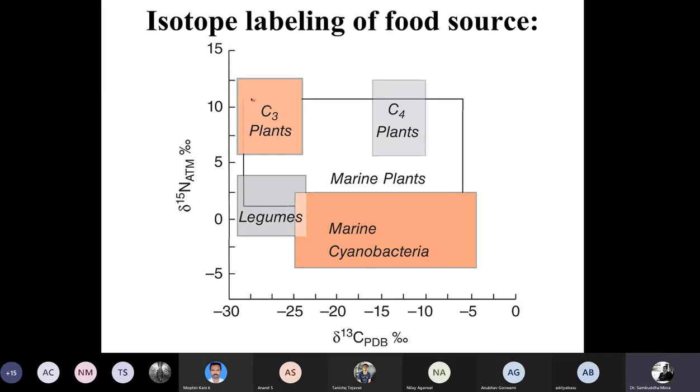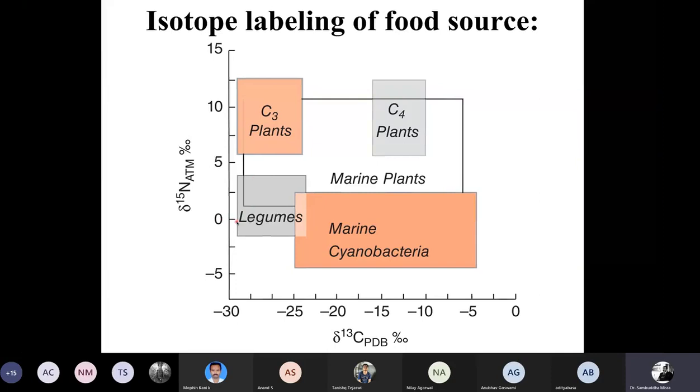For example, here lies our C3 plants, which are carbon isotopically very light and pretty heavy in terms of nitrogen isotopes. Here is our C4 plants, which are isotopically distinctly different from the C3 plants. Here are the legumes, which are C3 plants, but they are getting their nitrogen directly from the atmosphere.